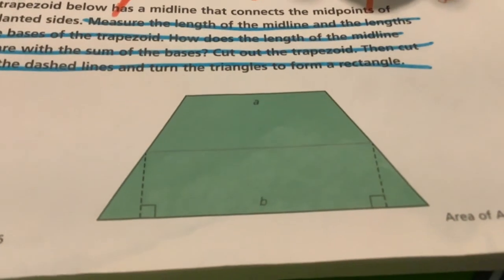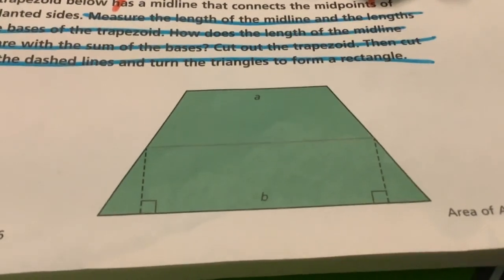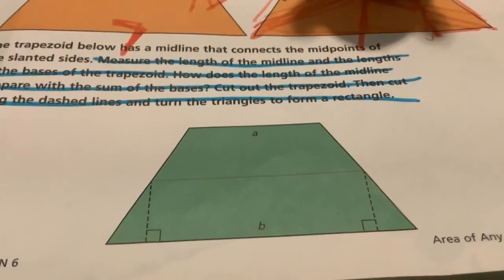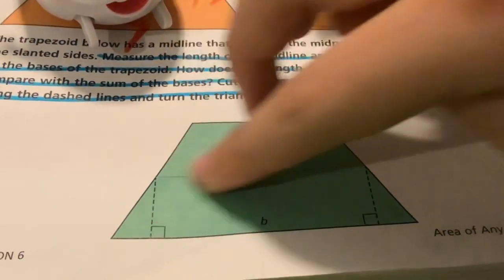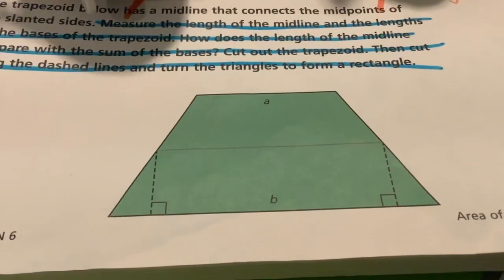Wait a minute! This is a different one. The trapezoid below has a midline that connects the midpoints of the slanted sides. What do you notice about this trapezoid? It has a little line that splits the trapezoid in half. That's right.